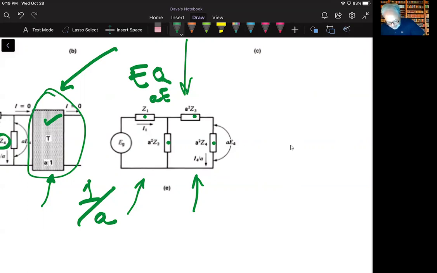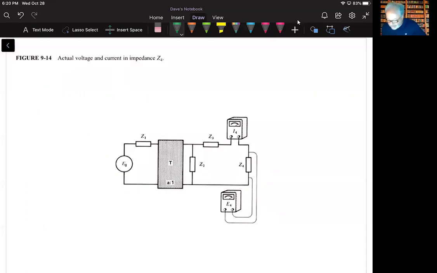Okay, now let's take this a little bit further and put some real values here. Looking at 9.14, here's a real specific example of an application of this. Suppose the real voltage across Z4 is E4 volts, and we're showing that with that meter connected across Z4. And I'm also measuring the current through that impedance through this ammeter here.